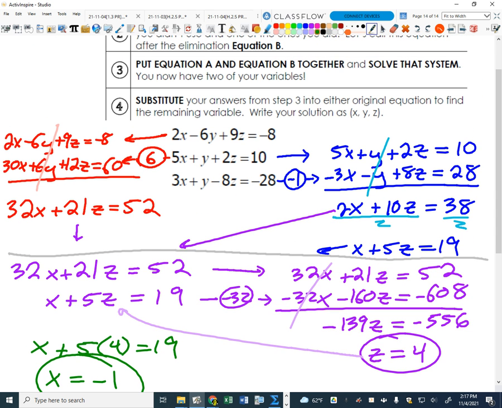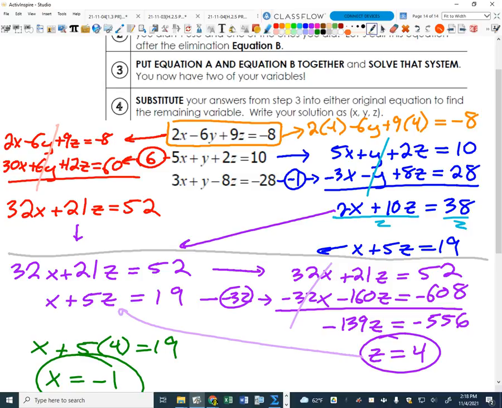Now where do we go? Yeah, any one of the first equations, and plug those in and solve for the remaining variable, which is y, right? So how about if we pick this top one, for example? We're going to get 2 times negative 1 minus 6y plus 9 times 4 equals negative 8.